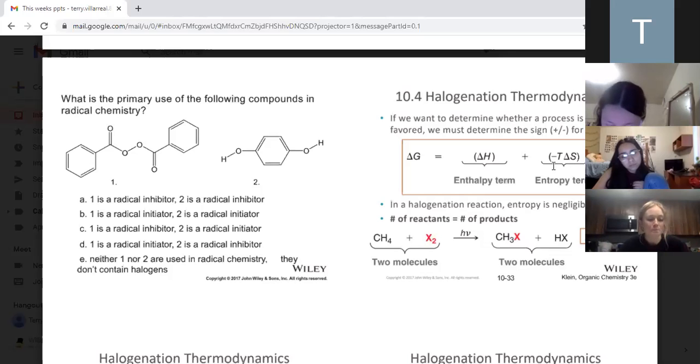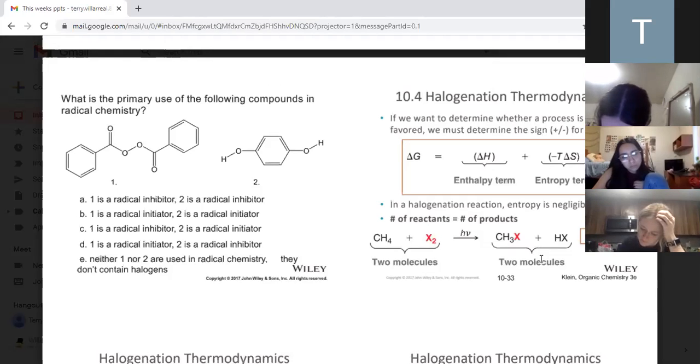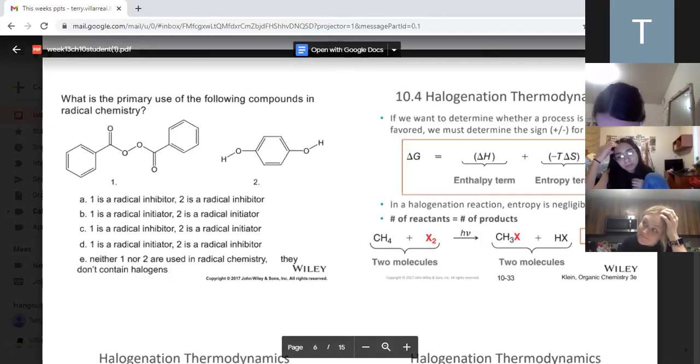If entropy is positive, that will help my reaction be favorable. But with halogenation reactions, we start with two molecules, we end with two molecules, and they're usually in the same phase. So we typically ignore the entropy part of our reaction. That makes our life a lot easier here, thankfully. Well, it makes your life easier. I don't have to do this.